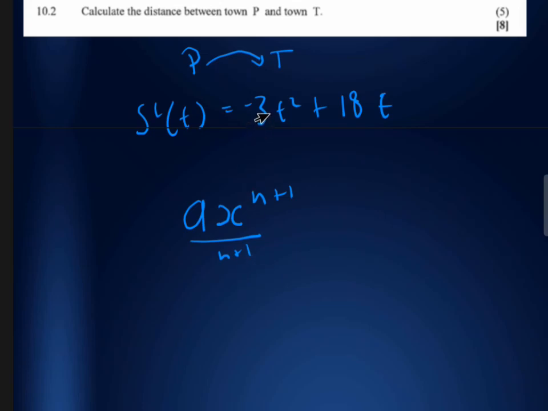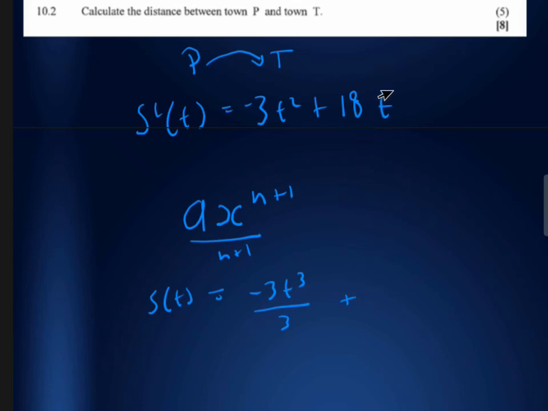So what we're going to do is, notice for the first one we have, so let's just write. So now we want s of t and not the derivative. So now what we're going to do is that you're just going to add 1 to the exponent. So 2 plus 1 is 3. So therefore you're going to have minus 3t to the power of 3. And then you're going to divide the whole thing by that answer that you got. Nothing difficult, right? So we're going to do the same thing here.